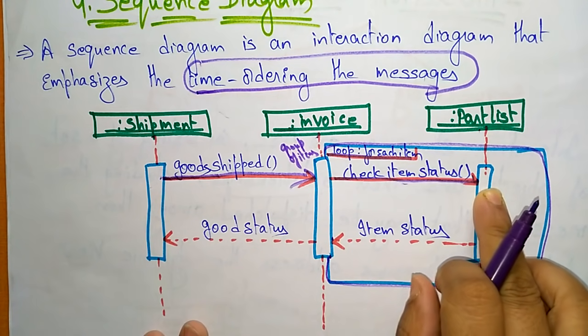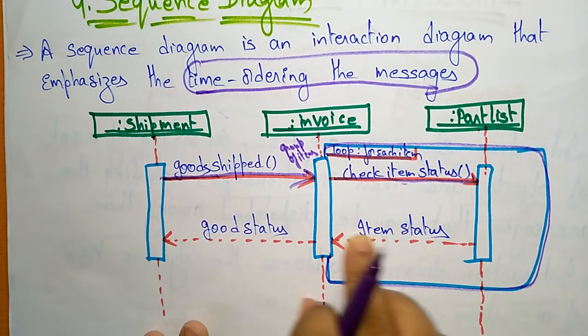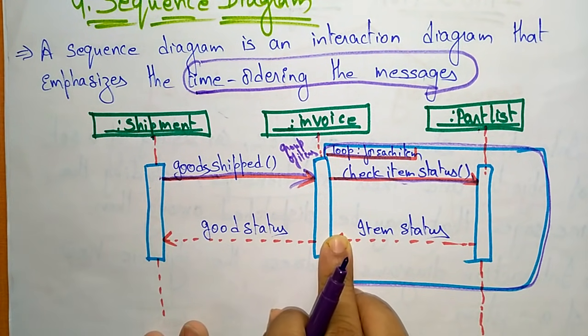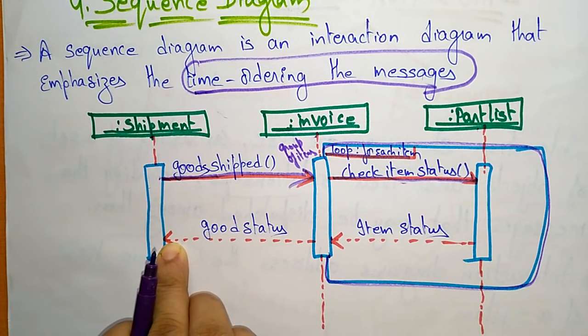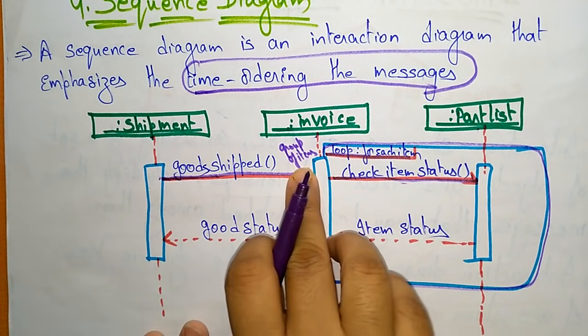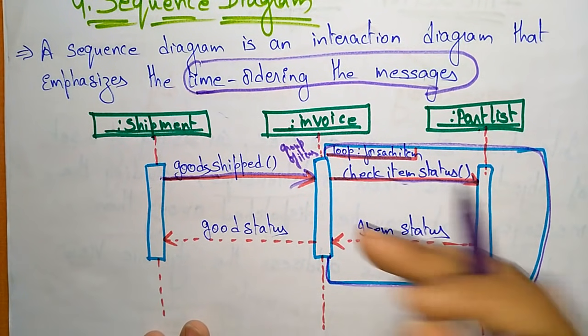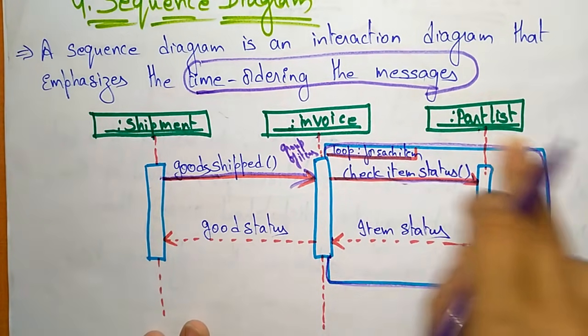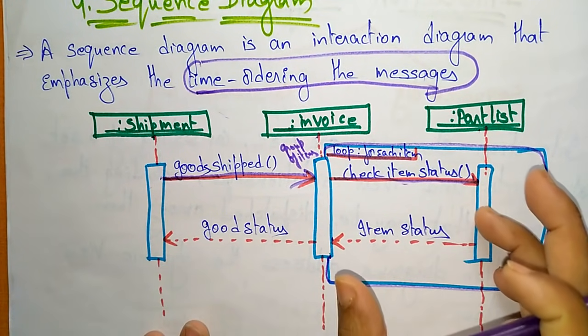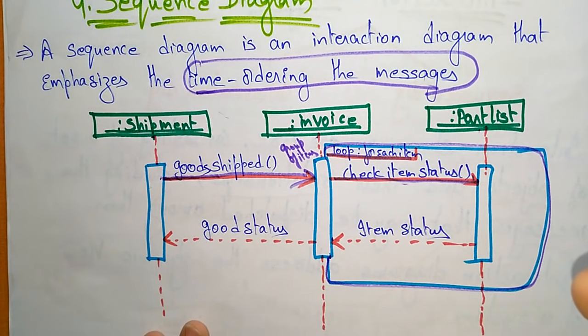First, one item status will be checked. If the item status that we send is okay, the goods status will be sent to the shipment. Again, take another item. The loop will continue until all the items in the invoice are checked.